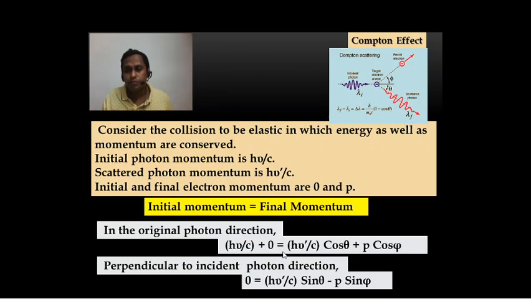After that, its momentum is h nu prime by c, but its direction is not in this incident photon direction. Its direction is theta with this incident photon direction. Since we are dealing with the horizontal direction or x-axis, this can be treated as the component of the photon in this direction.